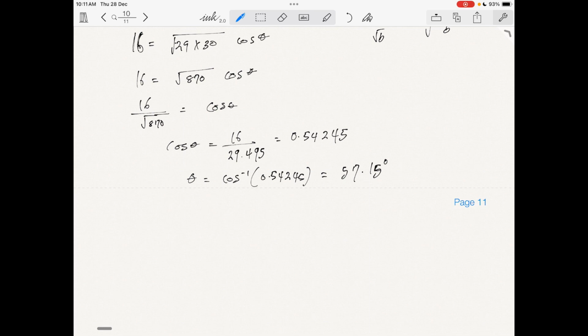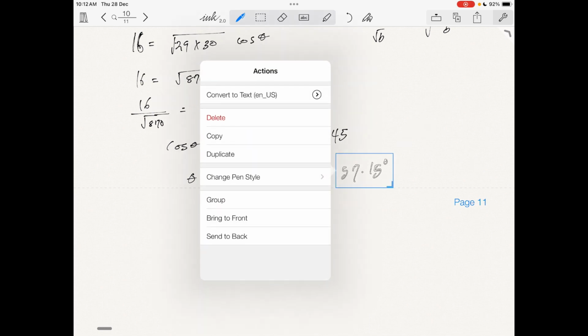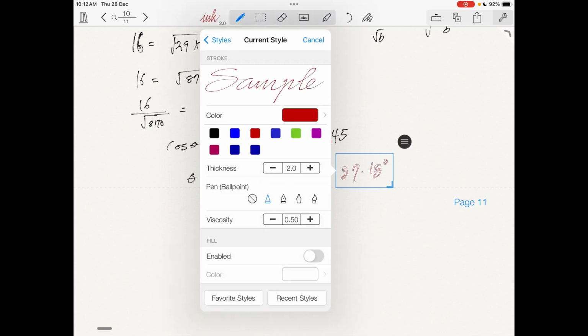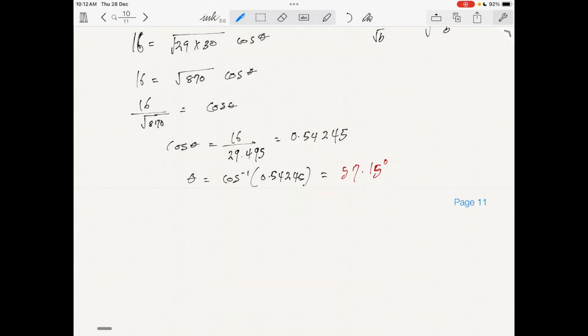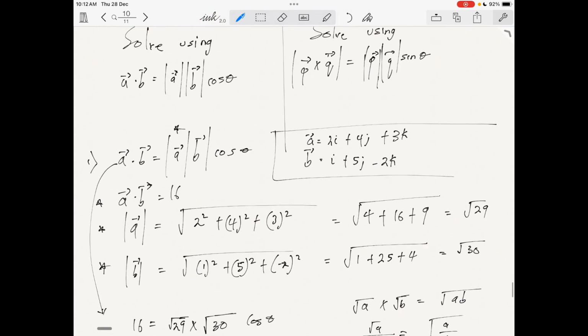Now we have solved for the angle between the two vectors. This is to say that the angle between the vectors a and b is 57.15 degrees.